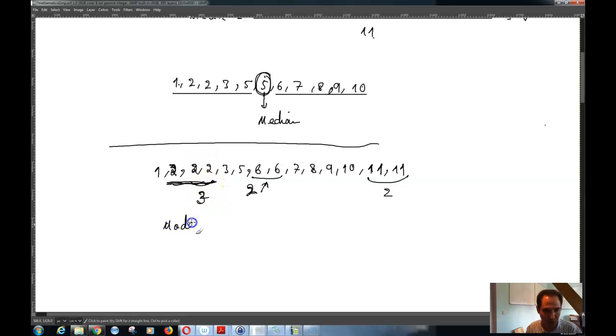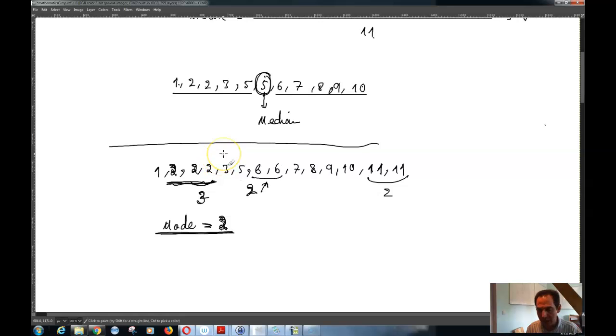So over here the mode is 2, because 2 is the observation that has occurred 3 times, 6 has occurred 2 times, 11 has occurred 2 times, and all the other observations have occurred only once. The only observation that has occurred the largest number of times is 2 here, whose frequency is 3. So then your mode is equal to 2.